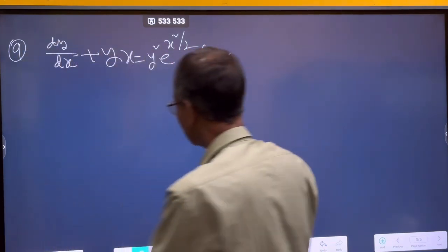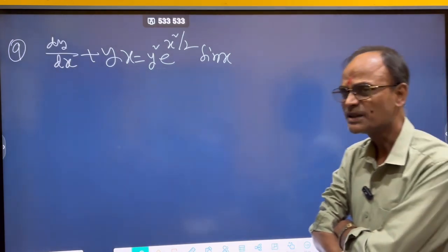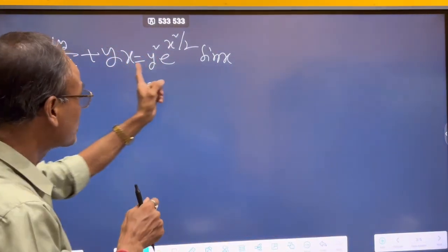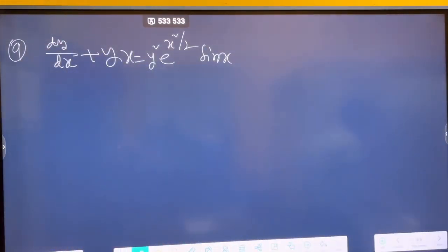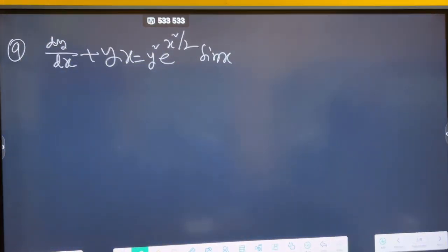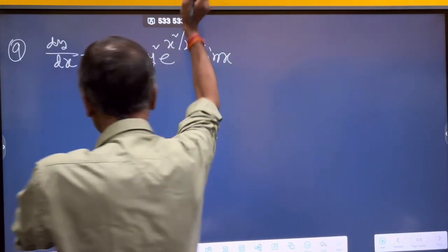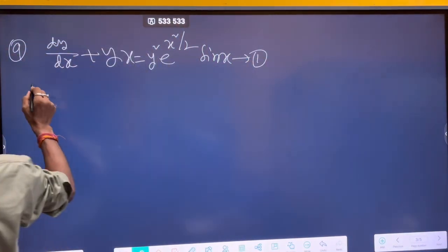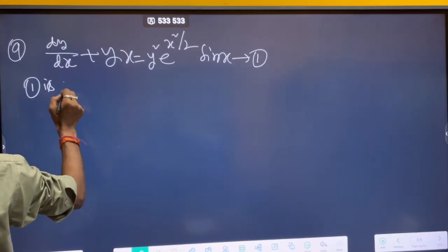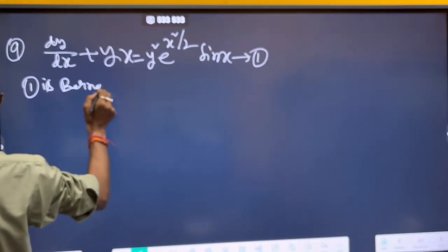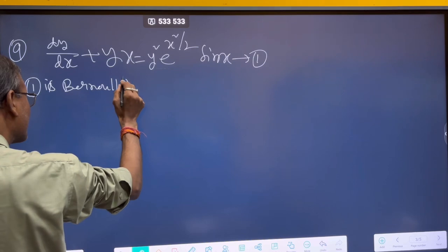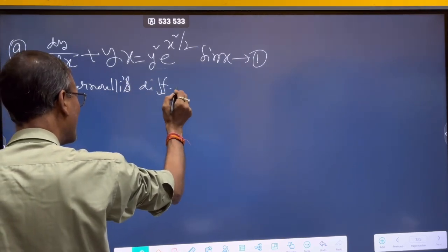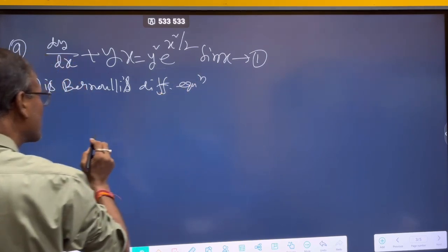This is a direct Bernoulli's equation. One is Bernoulli's differential equation.